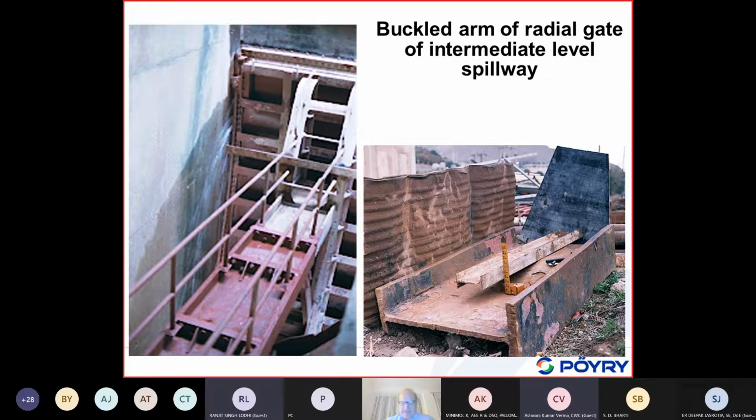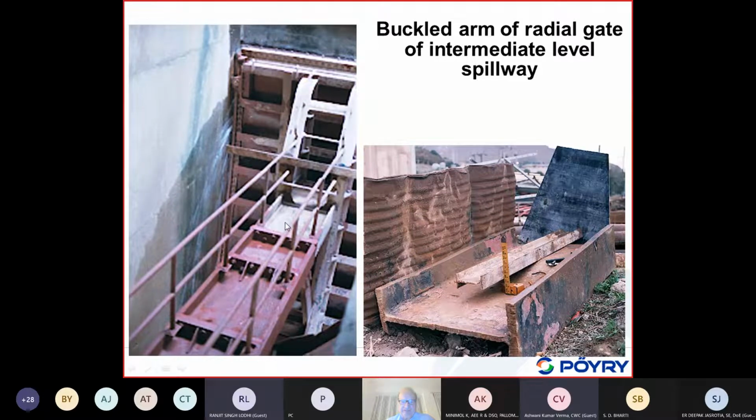The intermediate level spillway has a radial gate, and this radial gate was blocked. We asked the dam owner to operate the intermediate level spillway, but they were not ready to do that. They refused, so when we were there we could not really check the condition of that.